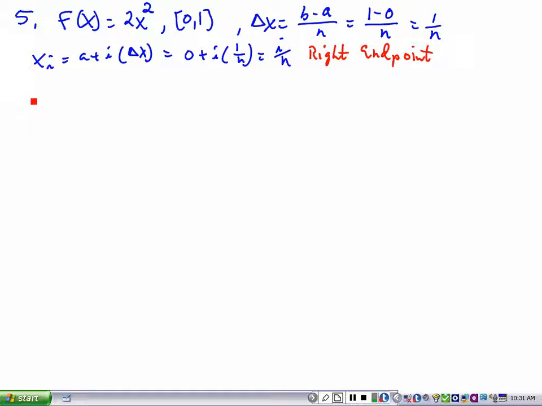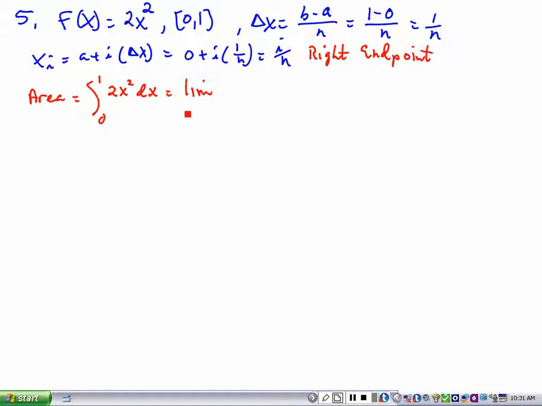And so we are calculating the so-called area. And we know that with integration, this is the integral from 0 to 1 of 2x squared dx. But they want you to use the limit process.